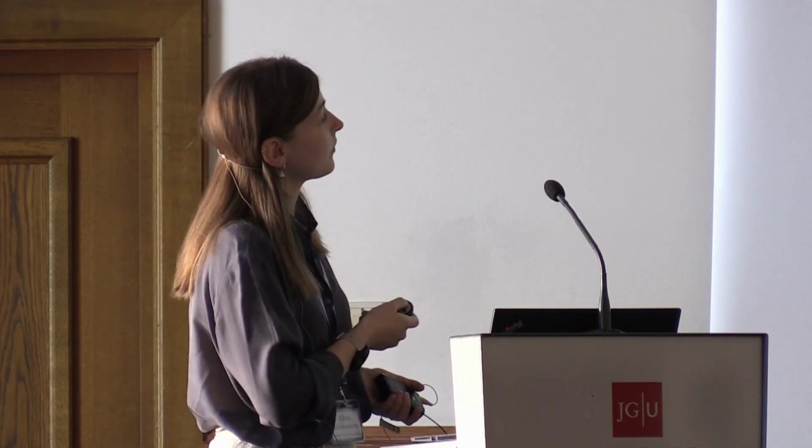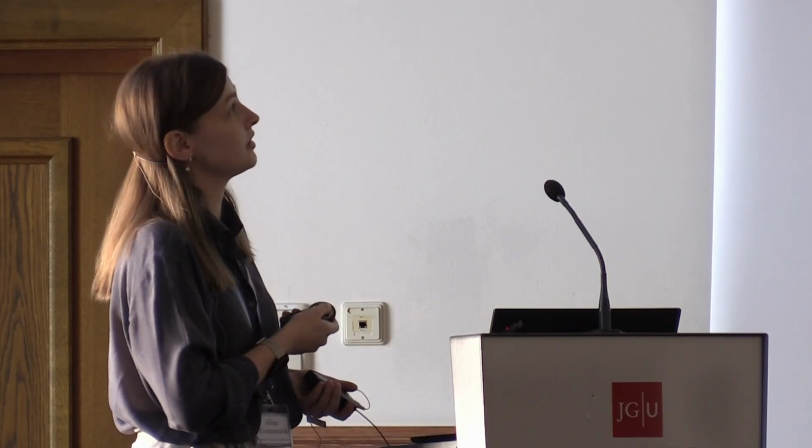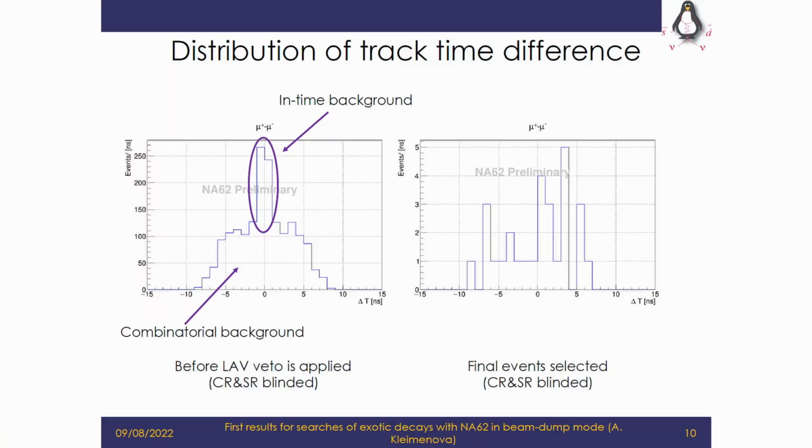So what do we see in data? It's interesting to see the distribution of the track time difference. On this slide, on the left-hand side, I show the signal mu plus mu minus before the LAV veto is applied. You can see there are two components to the background: one around 0, so in-time, and the combinatorial background.